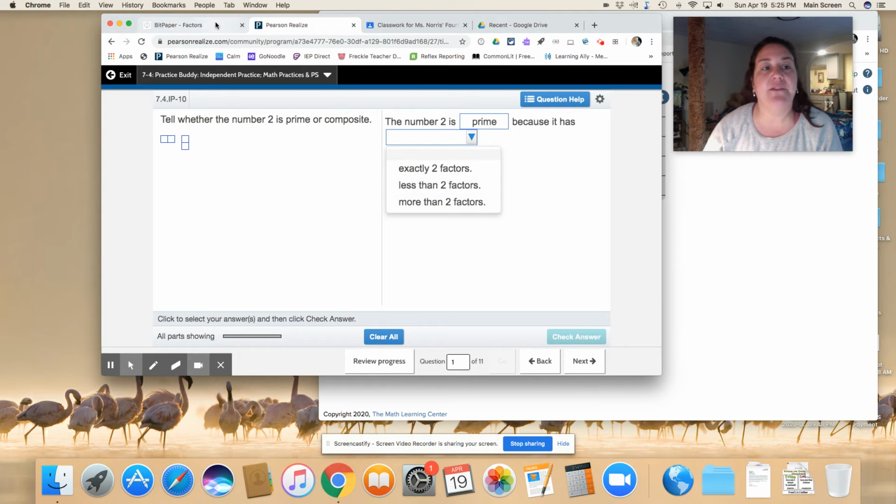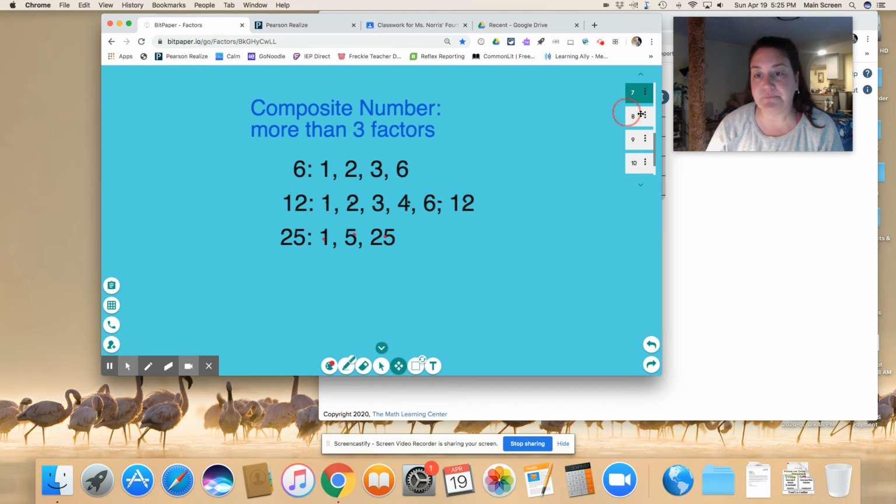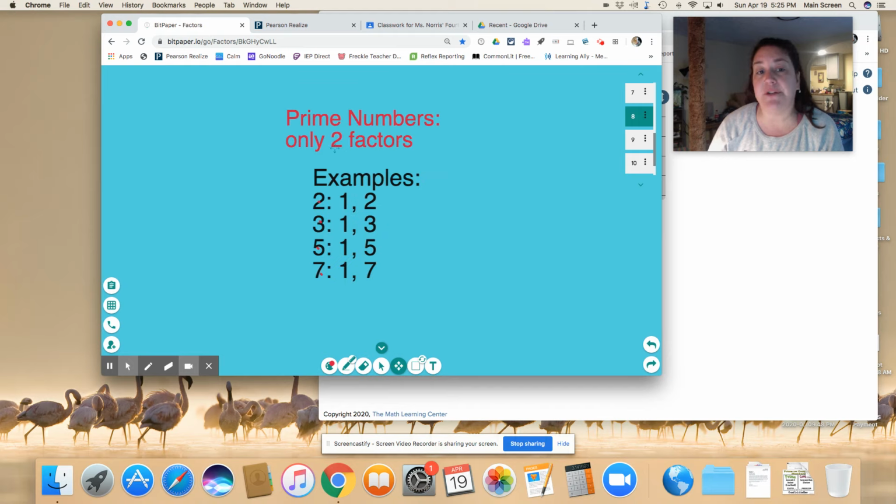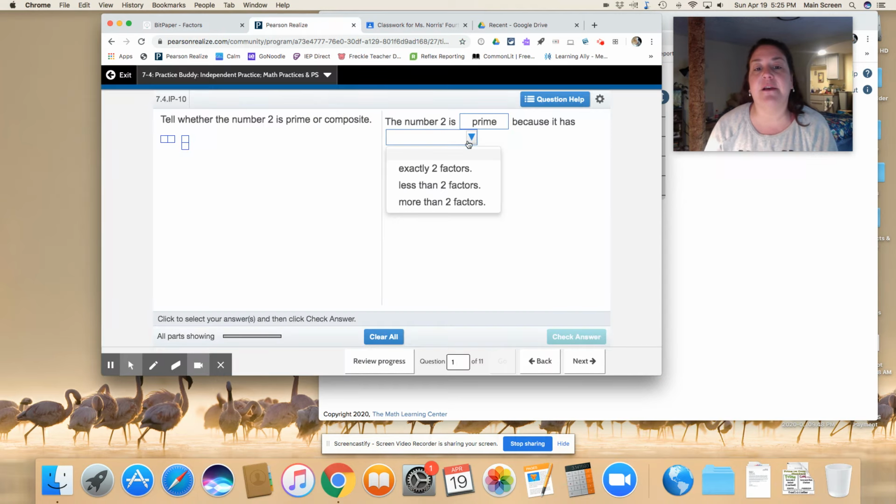Well, looking back to what we learned about factors, we know that prime numbers have only 2 factors, not more, not less, exactly 2. Okay?